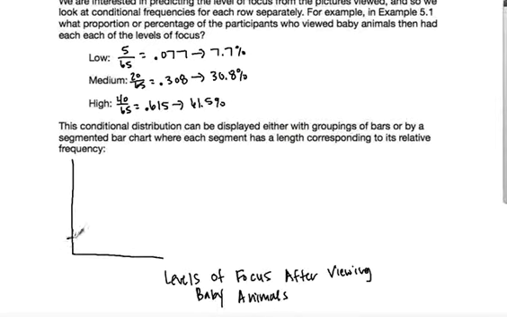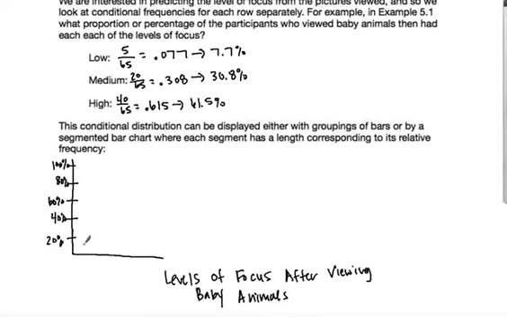This first chart would be most helpful if you were doing the conditional probability for each of the types of pictures that were viewed, grouping together those people that looked at baby animals.